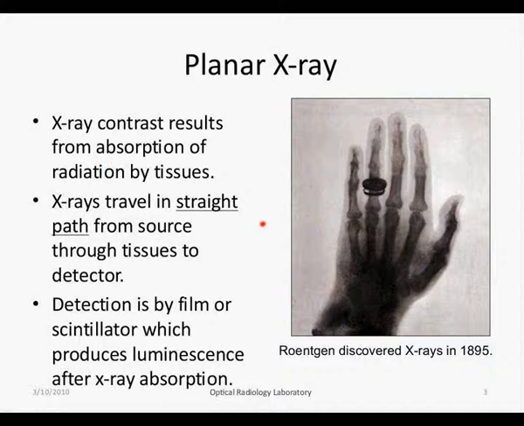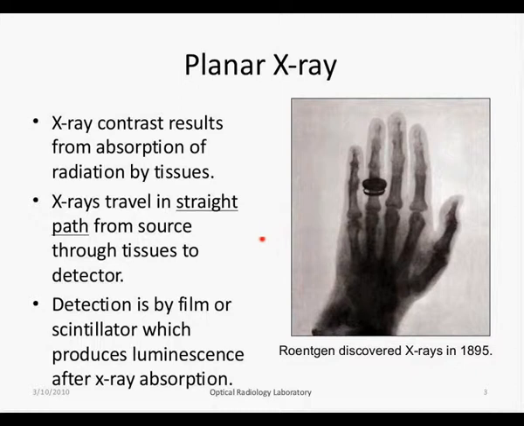Okay. So initially, imaging using X-rays has been around for quite a while. Röntgen discovered X-rays and took one of the first X-ray images back in the 1800s. And X-ray contrast results from the absorption of the X-ray radiation by the biological tissues.